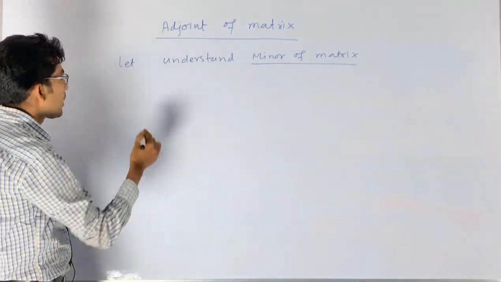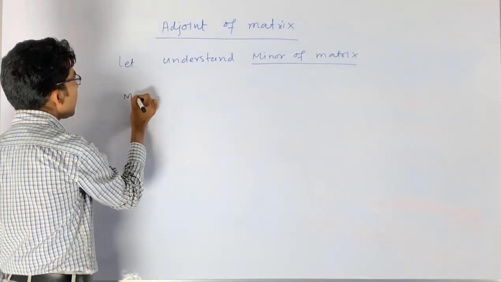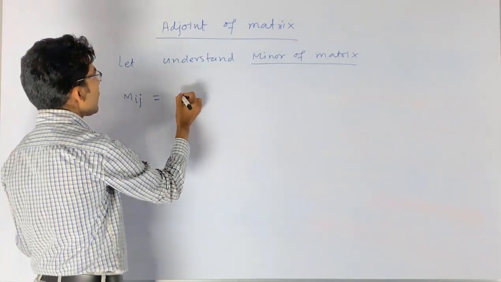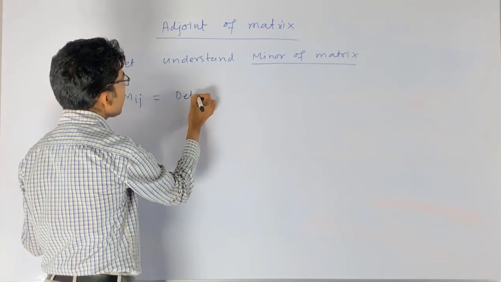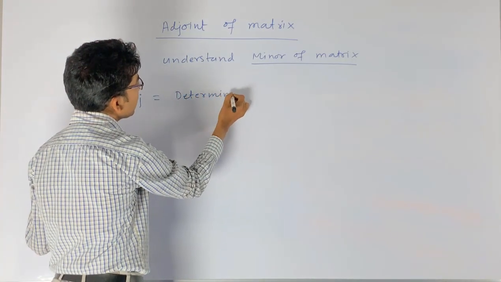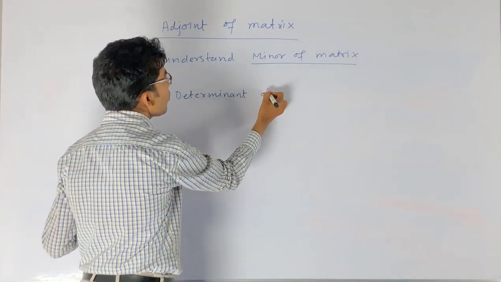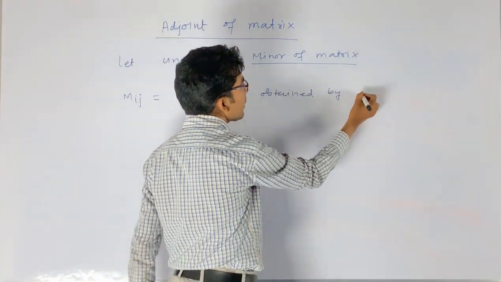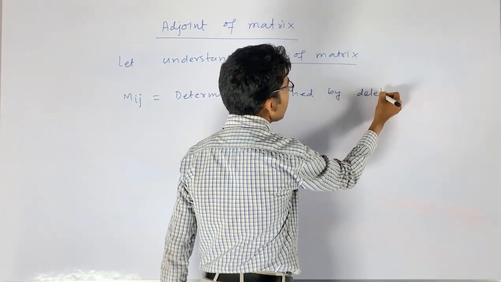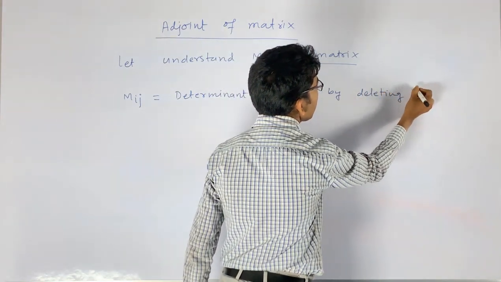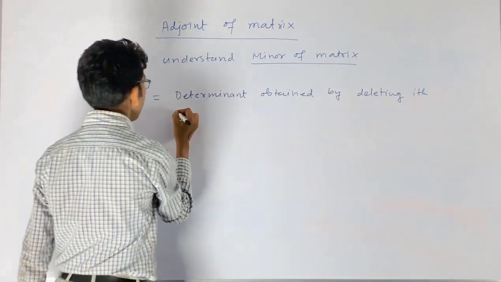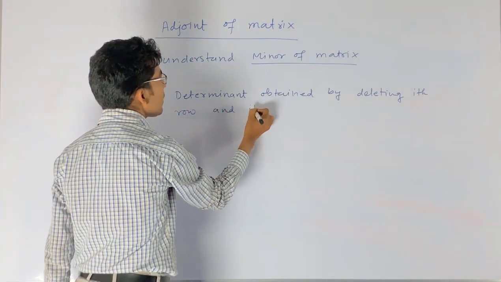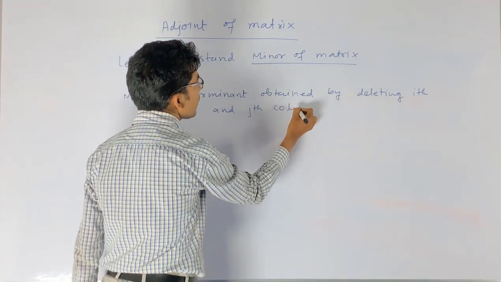So Mij is equal to the determinant obtained by deleting the ith row and jth column.